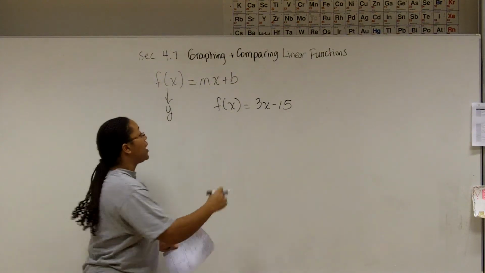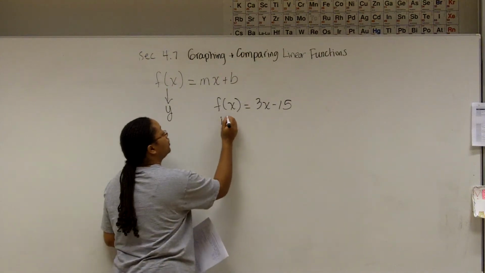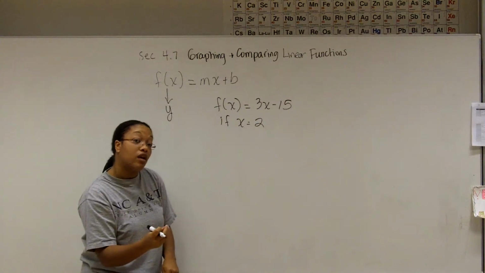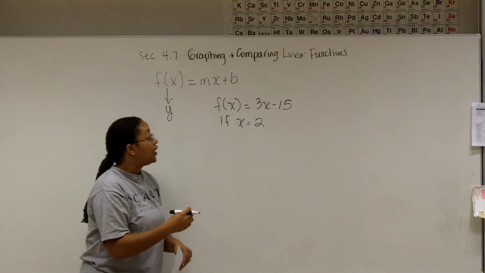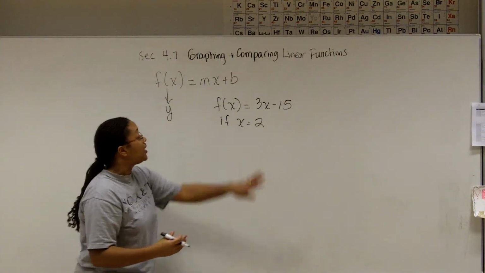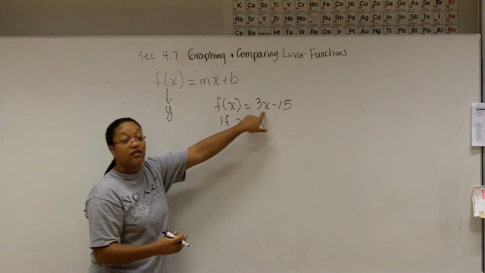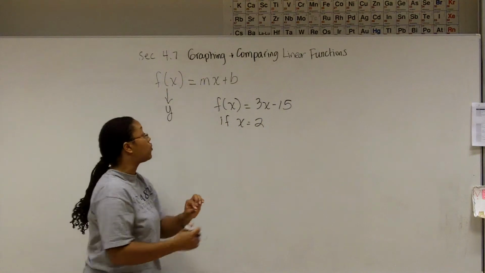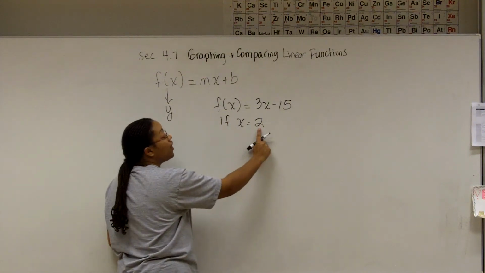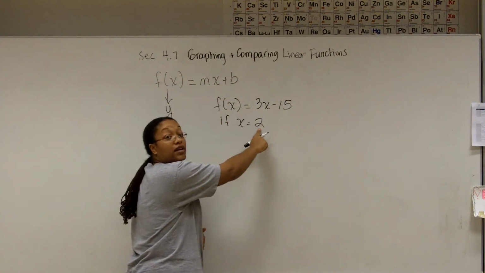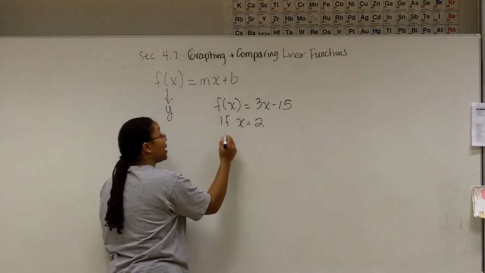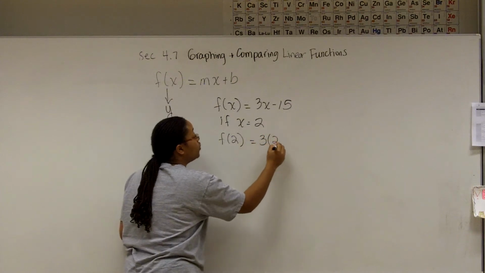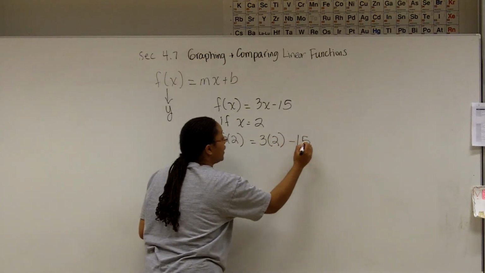If I told you that x is 2, let's just say x is 2, and I wanted you to solve for f of x, you're still going to do the same thing as if this was a y. I know that you're going to substitute in 2 as x, but this is the way it's going to look when you're dealing with functions. Wherever I see an x, I'm going to put a 2. So that means I got to put a 2 right here, 2 where the x goes, and the minus 15.